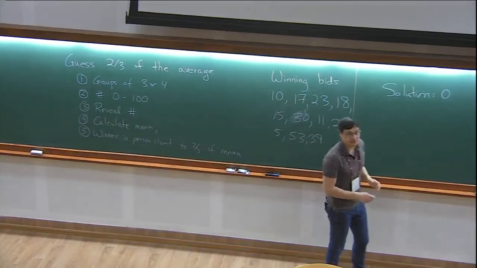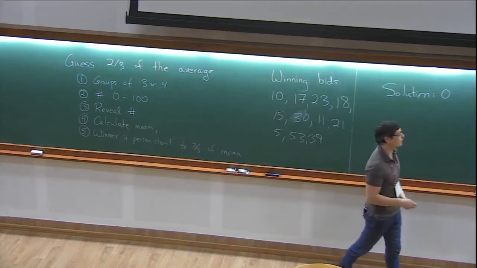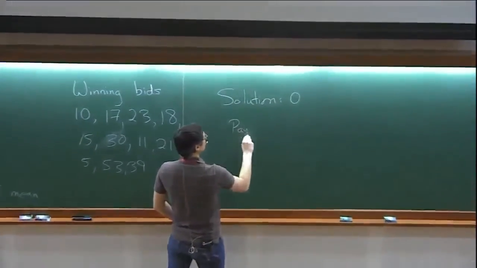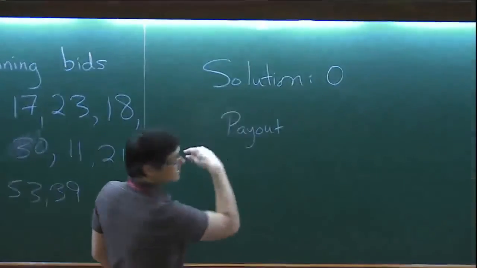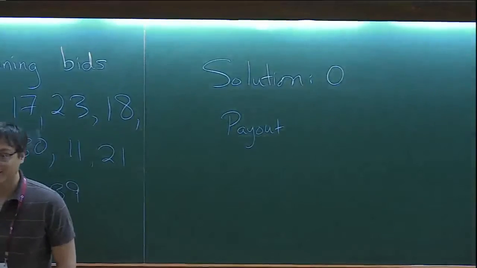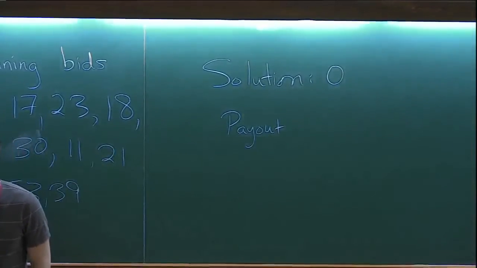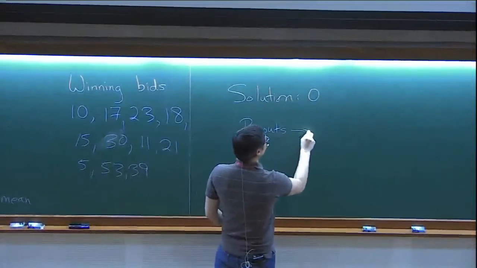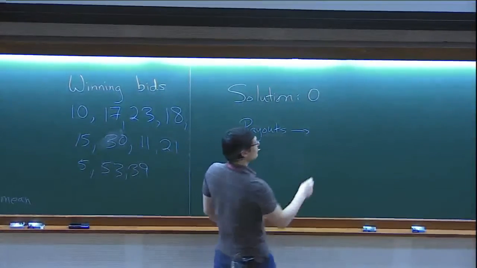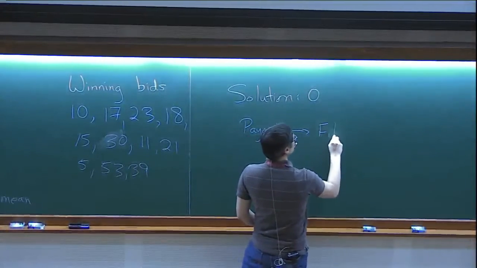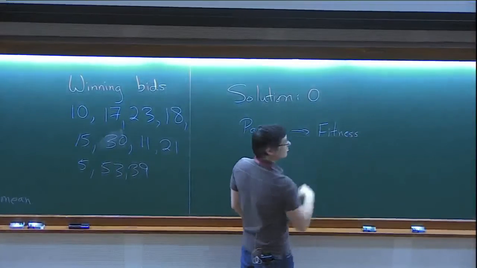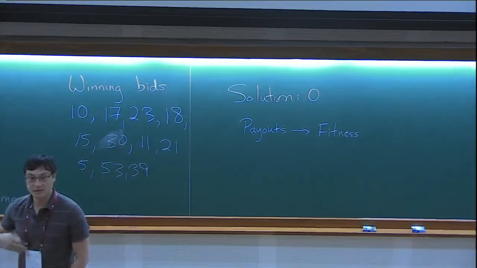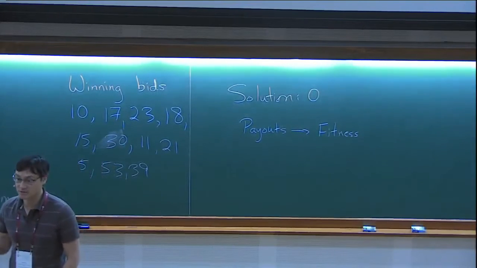Now, in the context of evolutionary game theory, what we do is we go from the payouts. So let's say that this is a game where each winner gets $5. Okay, not true, but you can imagine. Right. So the payouts from the game, we translate that into fitness, meaning that if you perform better in the game, then you somehow have a higher reproductive fitness. Right.